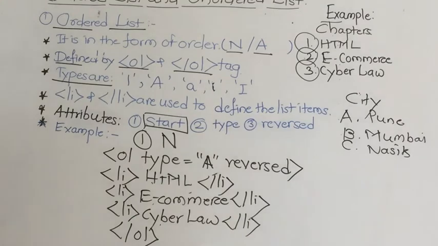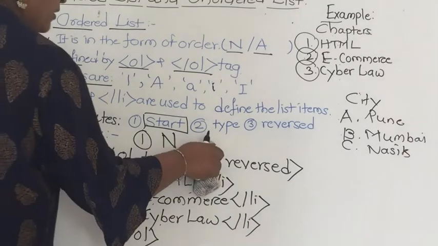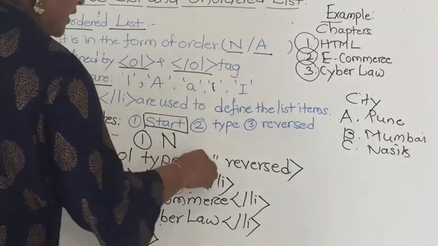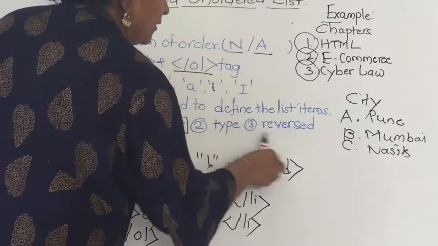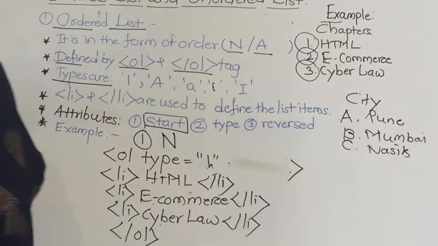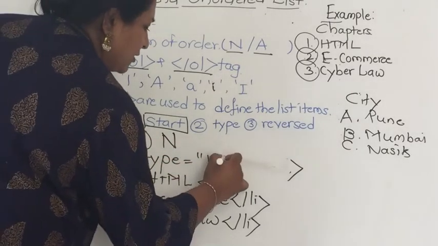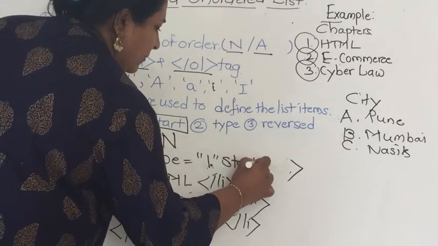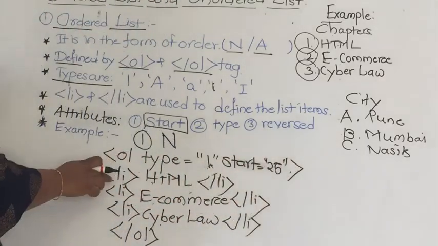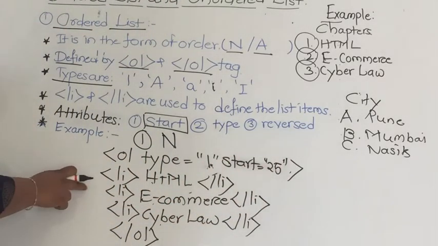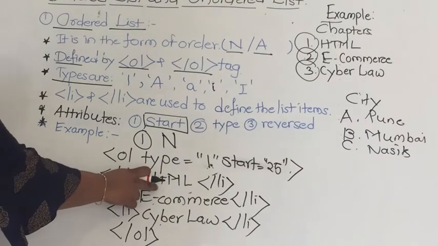Now suppose for the number, here I will write the type as 1, and here you have to define the number. My starting list number will be 25. That means instead of 1, my list may start with 25, that is HTML.